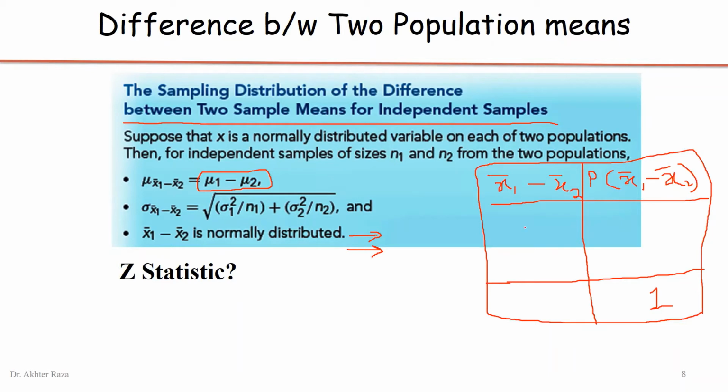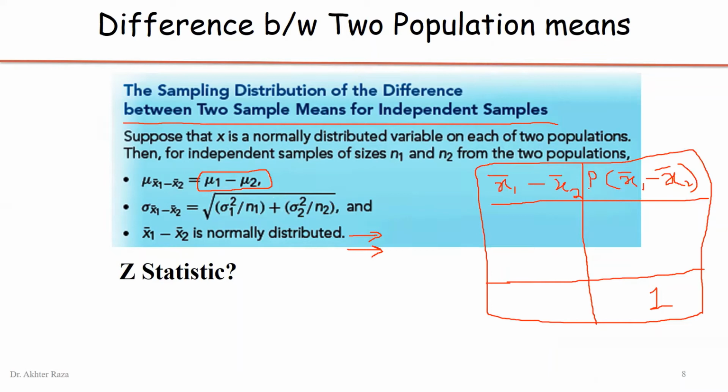Similarly, the standard error of this distribution is sigma 1 square upon n1 plus sigma 2 square upon n2, with the square root. Sigma 1 square is the population variance and sigma 2 square is the population variance too. The third condition is very important. This distribution is normally distributed if the two populations are normally distributed.